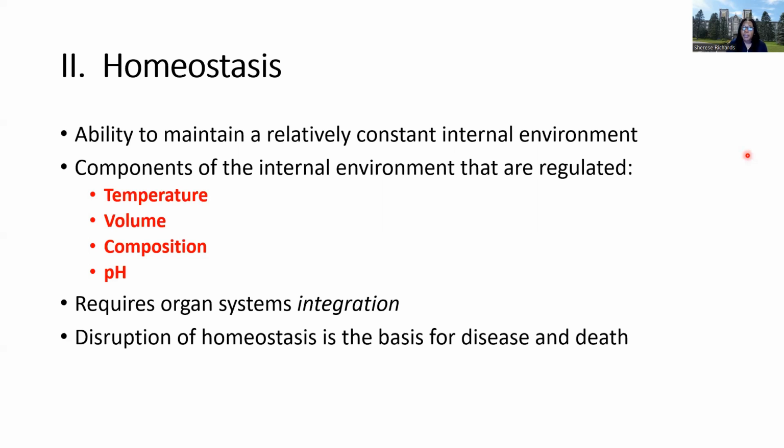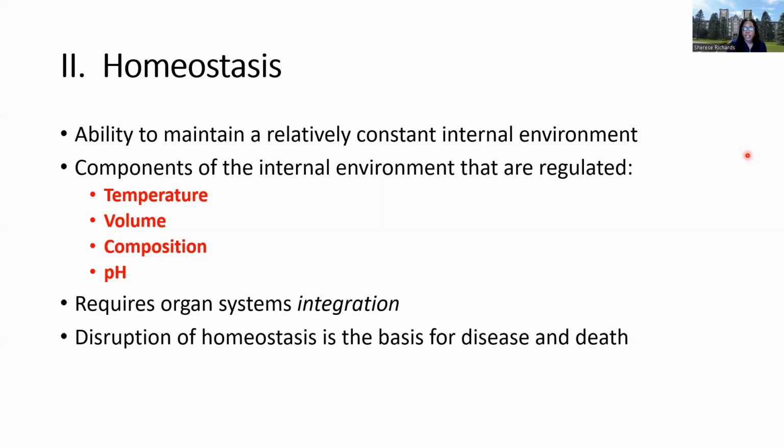So any type of disruption to homeostasis, if your body temperature spikes and it gets too high, if you have a fever, right, especially in infants, this can be fatal. If fevers are uncontrolled, this can result in death, especially again in infants. And then if we think about pH, if your pH becomes too acidic or too basic, that can lead you into metabolic shock, right?